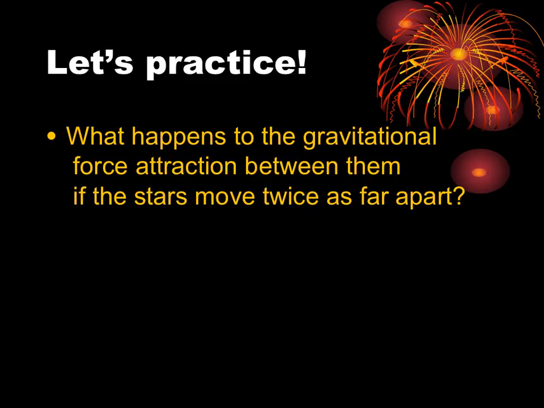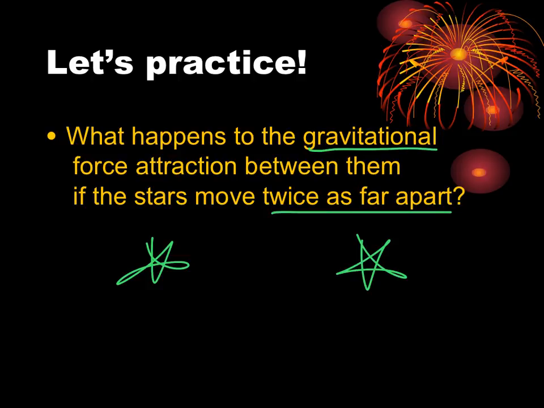So let's do a little application with the relationship between gravity and mass and distance by looking at these practice problems. So I'm telling you here that we have two stars that are equal mass 10 million kilometers apart. So I'm asking what's going to happen to their gravitational force if they start to move twice as far apart.